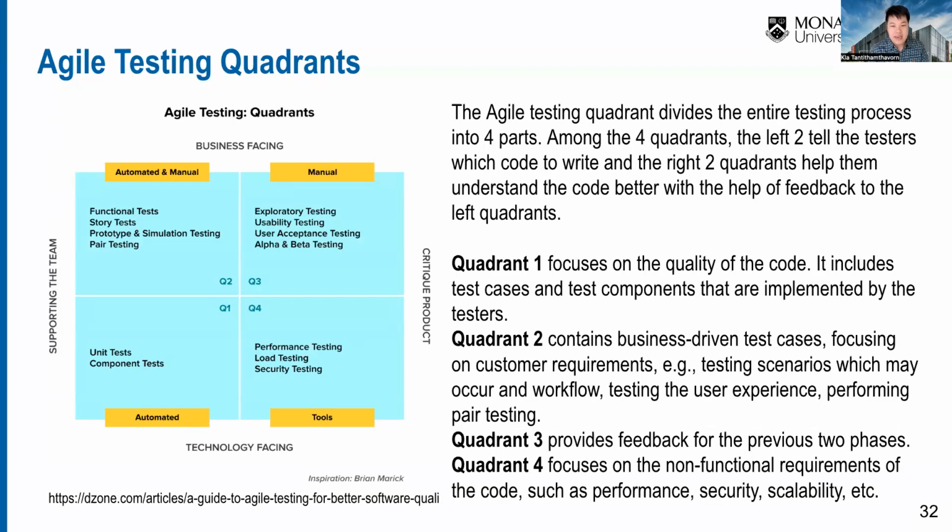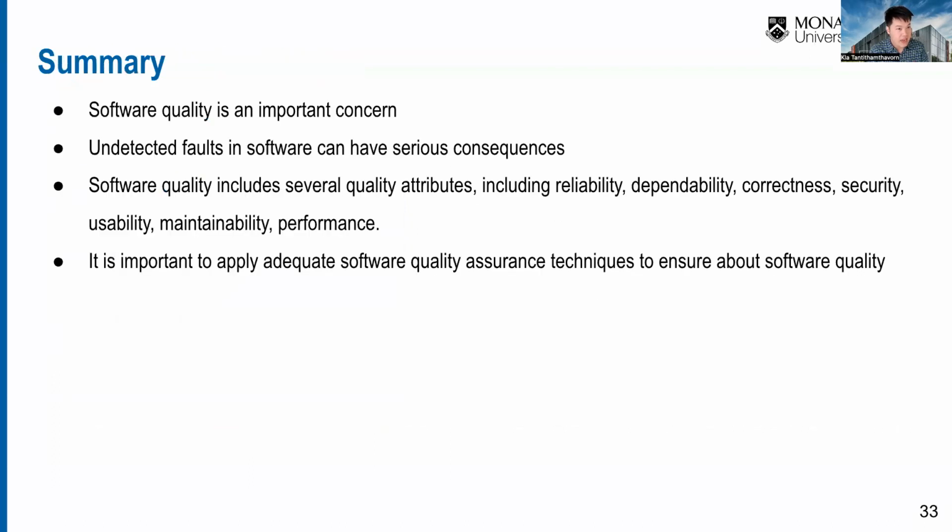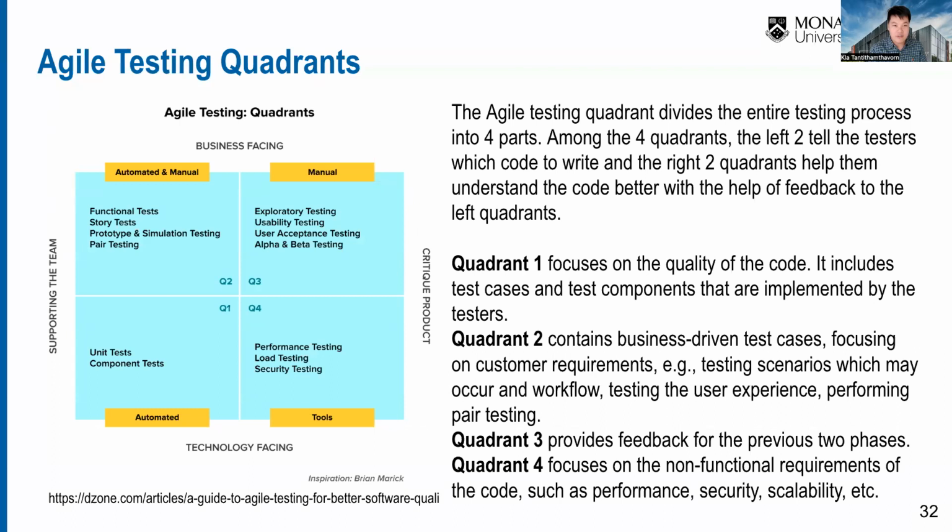Okay, because I'm aware of the time, this is 10:58 now. Oh, okay, agile testing quadrant. Yeah. These are the agile testing quadrants. Okay, normally we divide the entire testing process into 4 parts. Okay, 4 quadrants here. The first quadrant focuses on the quality of the code, and the quadrants are like a cycle.